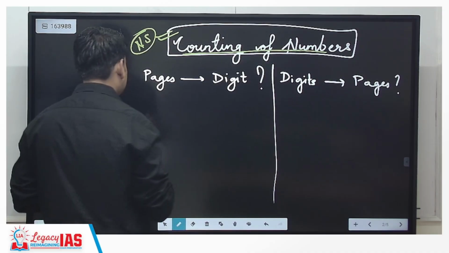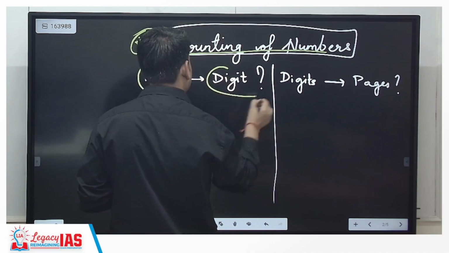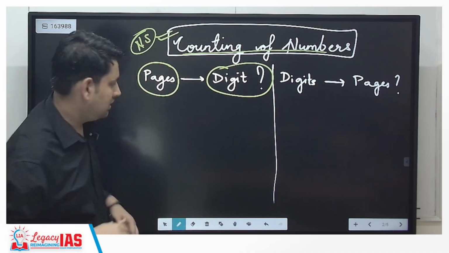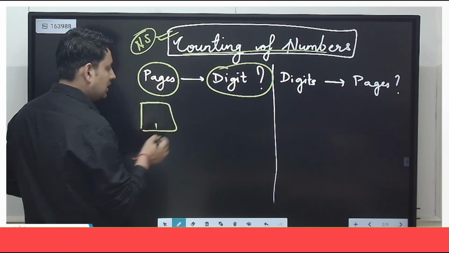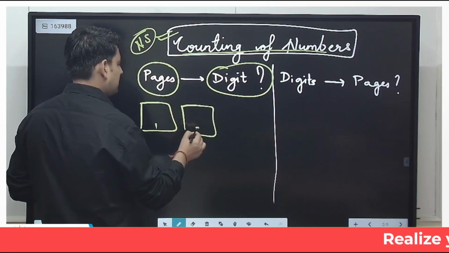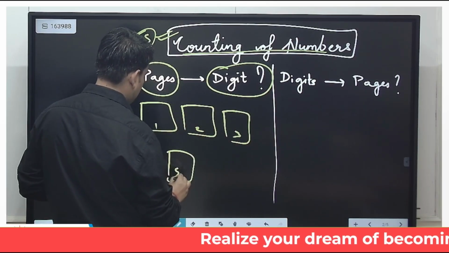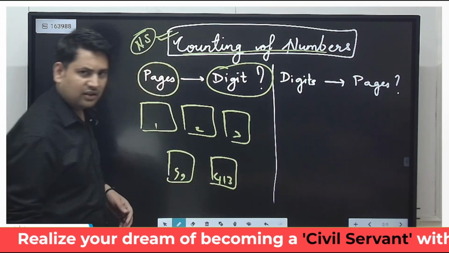So you can be given pages of a book and you will be asked how many digits would you need to type. For example, let's say these are book pages. At the bottom it is written like this is first page, this is second page, this is third page, let's say this is 99th page, and this is, let's say, 413th page. Correct?